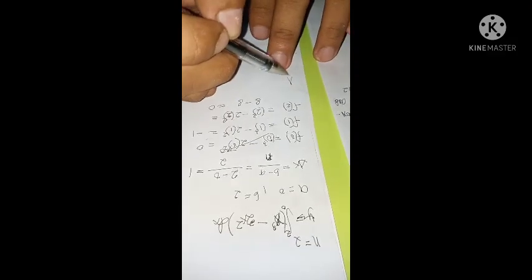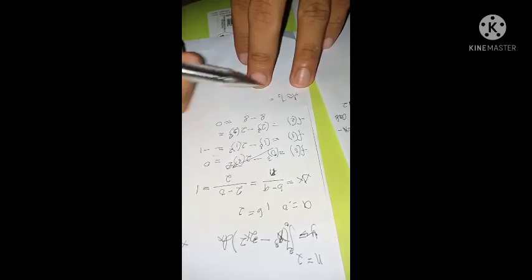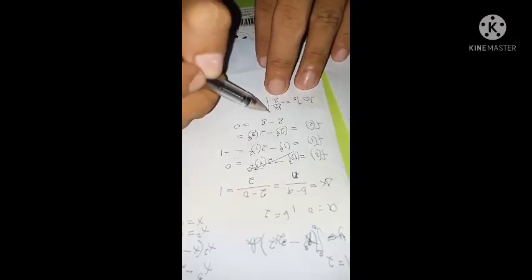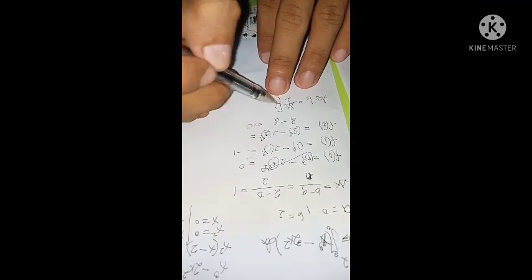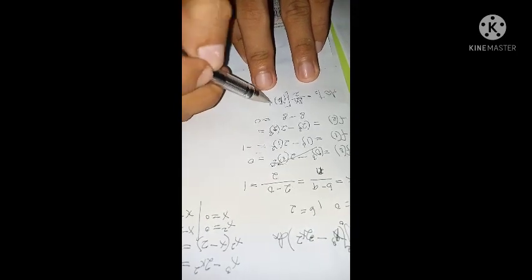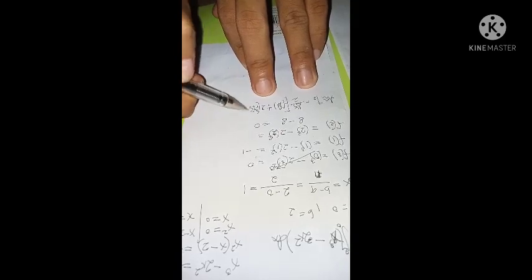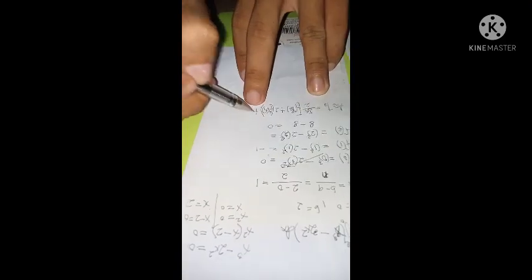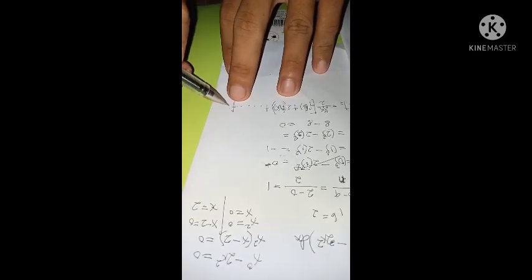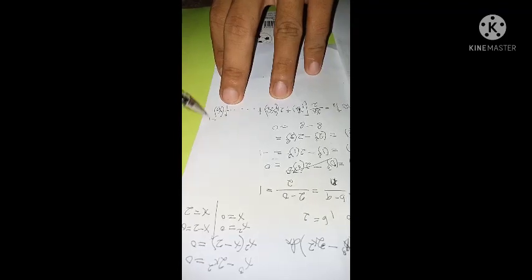So the area is approximately T of 2, which is equal to delta of x all over 2 times f of x sub 0 plus 2 times f of x sub 1 plus f of x sub 2.